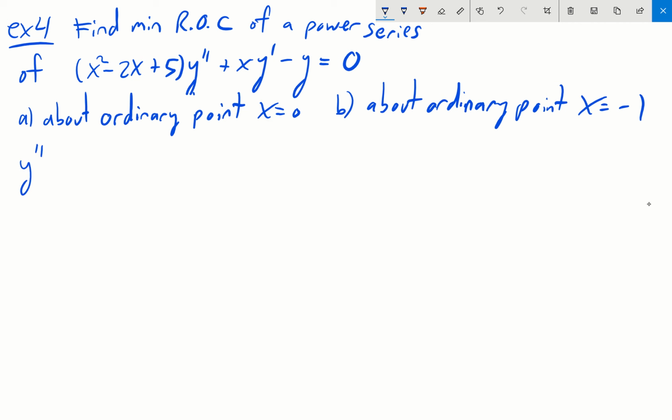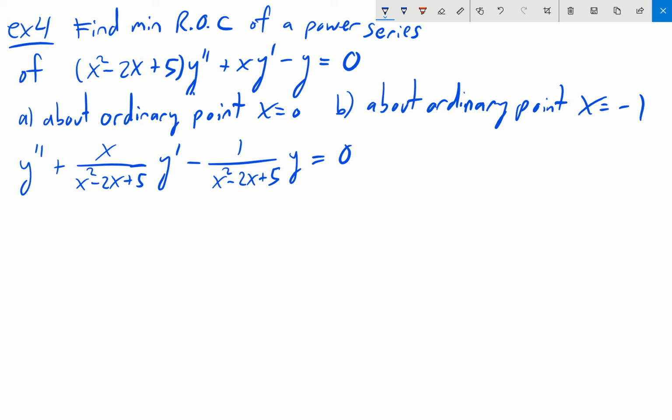It's y double prime plus, we would divide everything by that quadratic polynomial, x over (x squared minus 2x plus 5) times y prime minus 1 over (x squared minus 2x plus 5) times y, and that's going to be equal to 0.